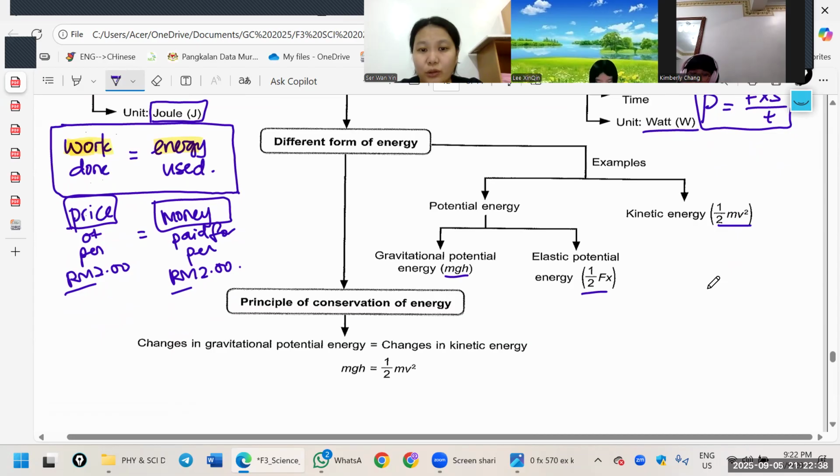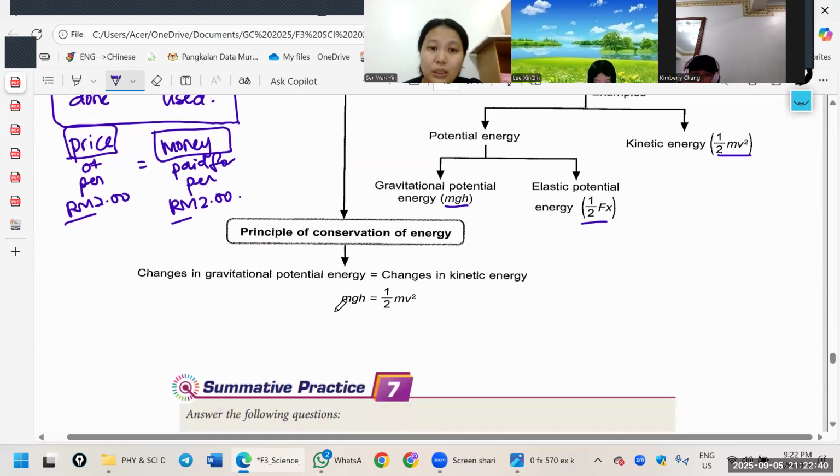The principle of conservation of energy could be mgh equals half mv squared, or elastic potential energy equals kinetic energy, which is half Fx equals half mv squared.